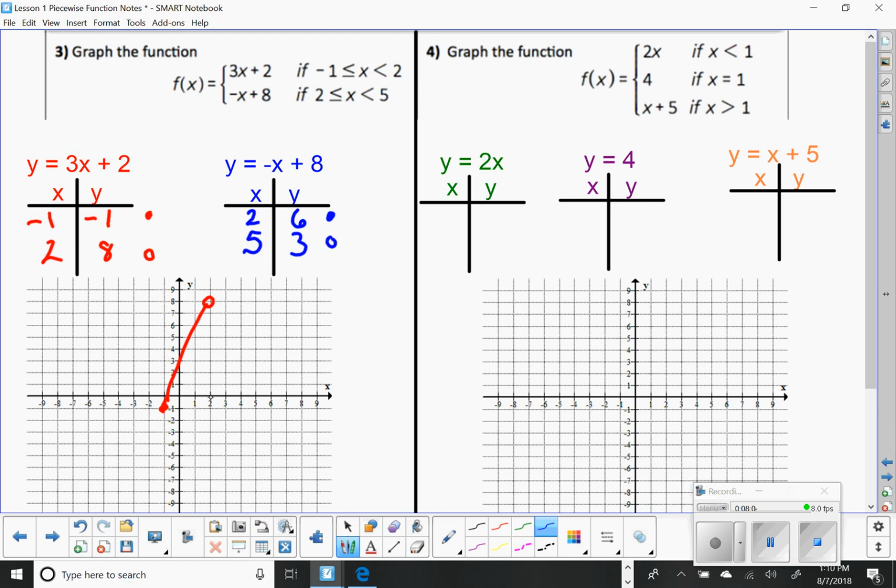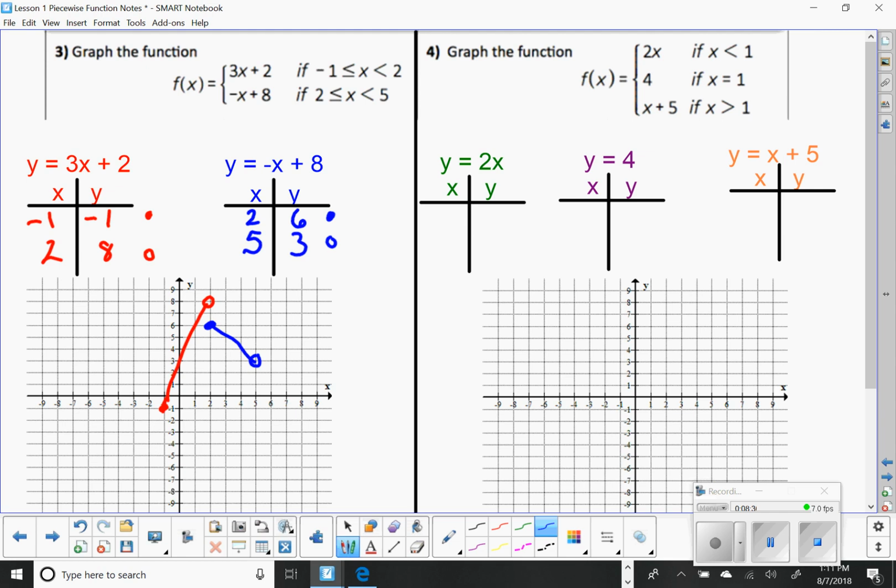So 2, 6, closed point, 5, 3, open point, and I connect them. And I'm done. This function does not exist before -1 nor after 5. All right? That's all you have to do to graph that piecewise function.